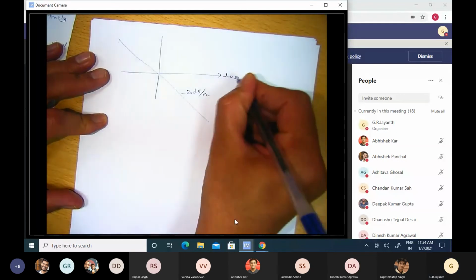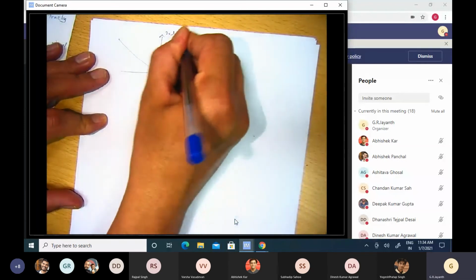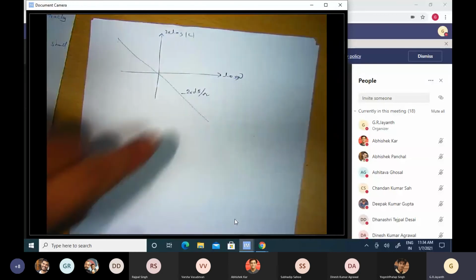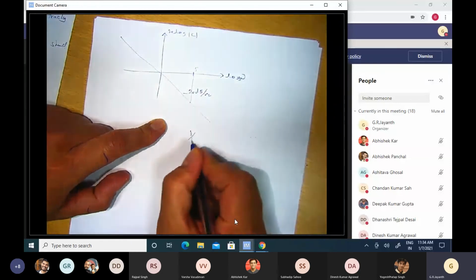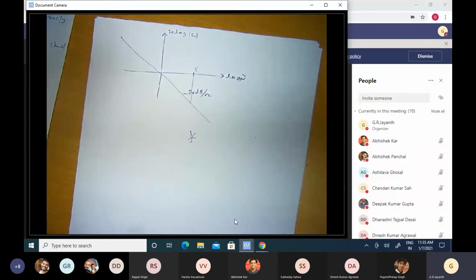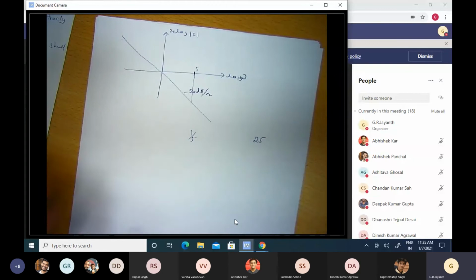This is 20 log magnitude of C. It was because at 5 radians per second, the gain of the integrator was 1 by 5. We needed to use an amplifier of amplification factor 25, so that the overall gain of this controller 25 by S becomes at least equal to 5, right?